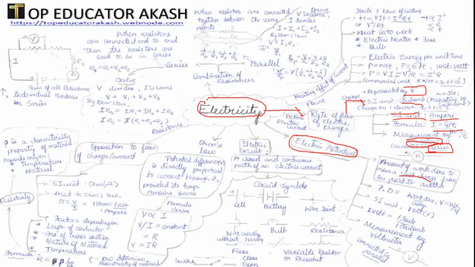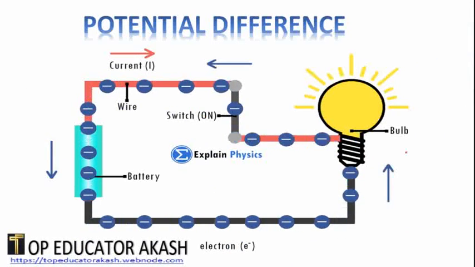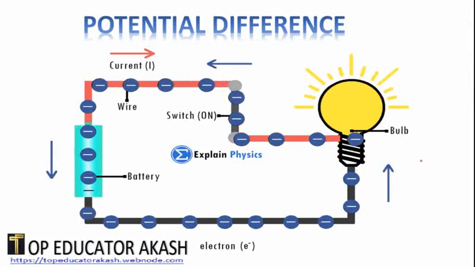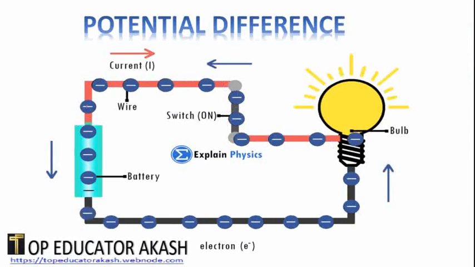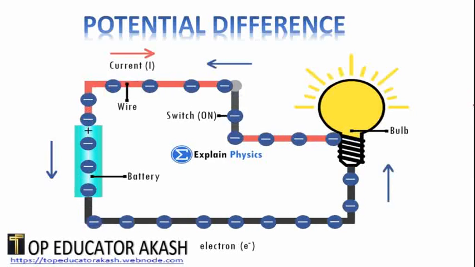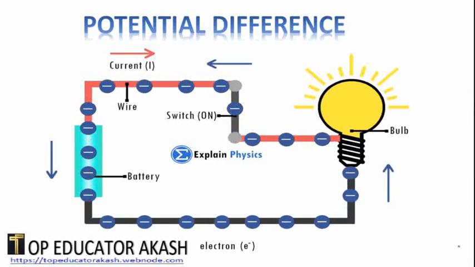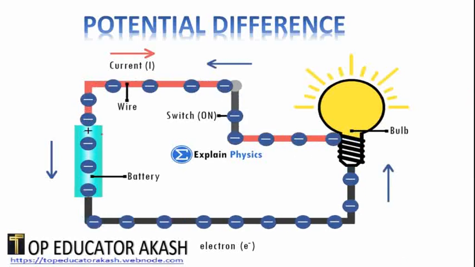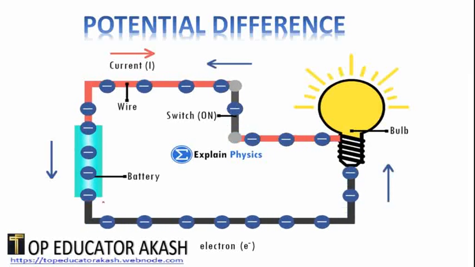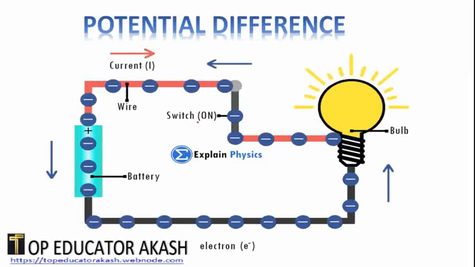So how is this electric potential created? As you can observe here, the charges are moving. The circuit is connected to a battery, and you can observe here the electrons are moving.